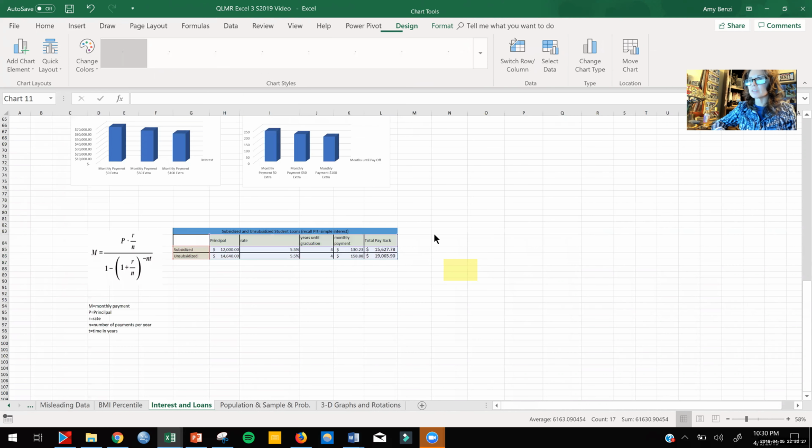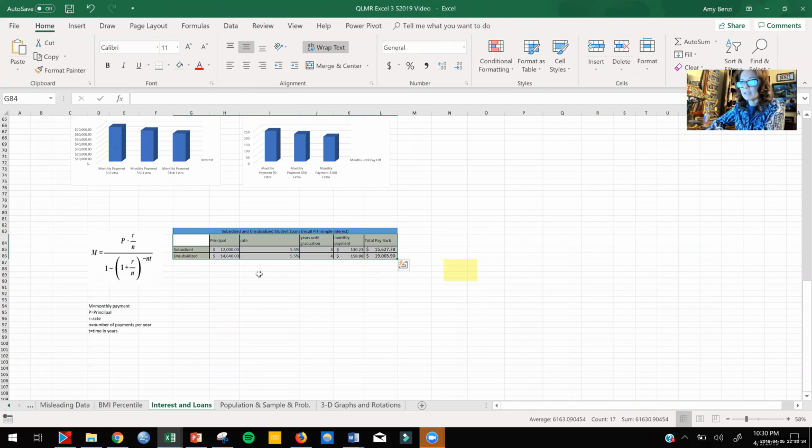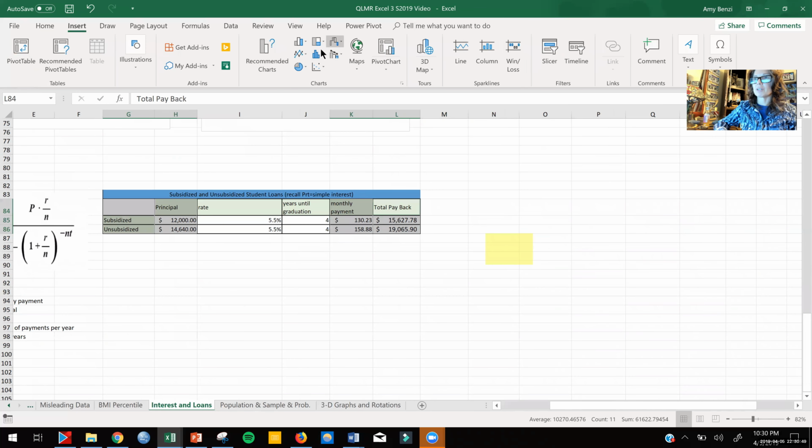And there it is. Is that what I wanted? I just wanted the principal, monthly payments, and total payback. So let's do that again. Principal, monthly payments, and total payback. Those are just the columns that I want. Hopefully you can see it. And then insert my 3D bar graph.